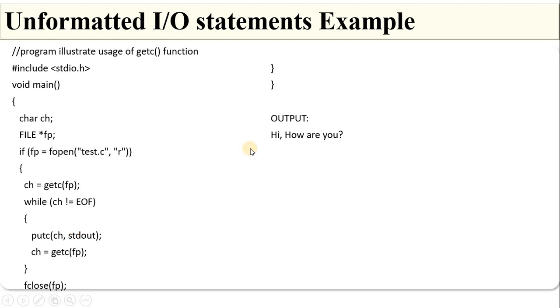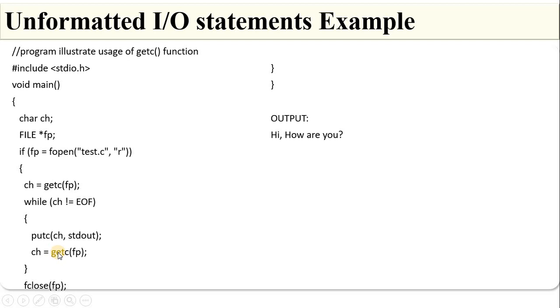So first H will be displayed if the content of test.c is "hi, how are you". After putting the character H onto the console, once again getC(fp) will read the next character, which would be I, in the while loop. I is not equal to end of file, so once again it will come inside the while loop and print I onto the screen.